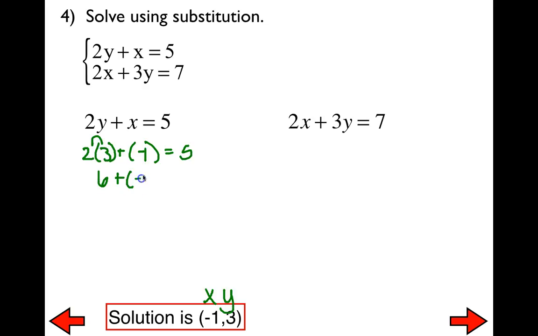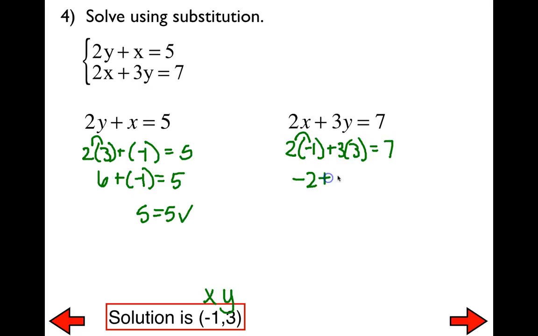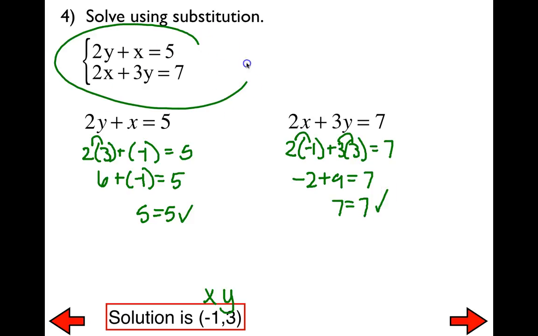Well, let's see. 6 minus 1 is definitely 5, so this one checks out. Here we have 2 times negative 1 plus 3 times 3 equals 7. Here we have a negative 2 plus 9 equals 7. This is also true. Since it works for both equations, I'm going to say the solution to this system is indeed negative 1 comma 3.